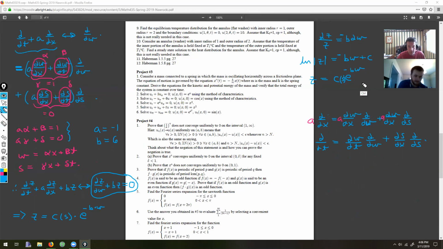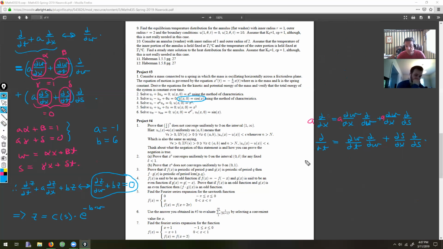Now here's the trick with this one. Let's bring into play our initial condition, which was cosine x. But before that, let's put what the S and W are in place of x and t.